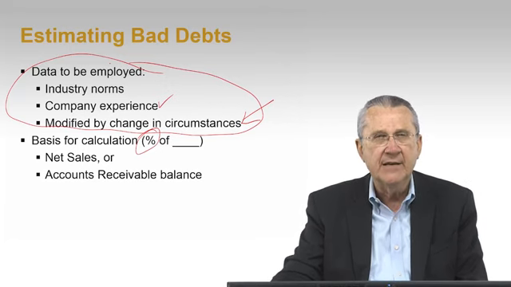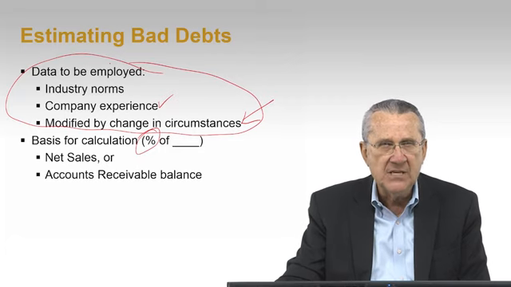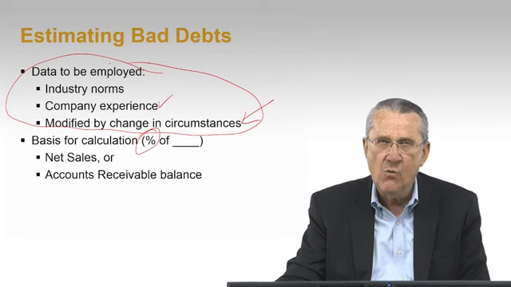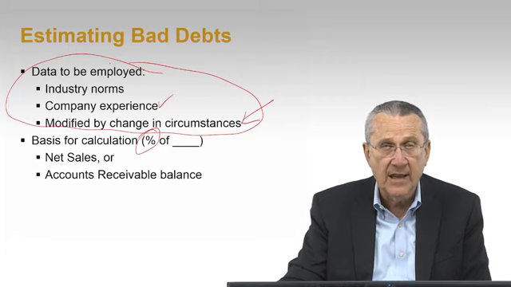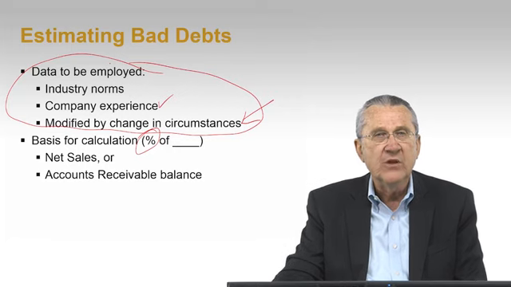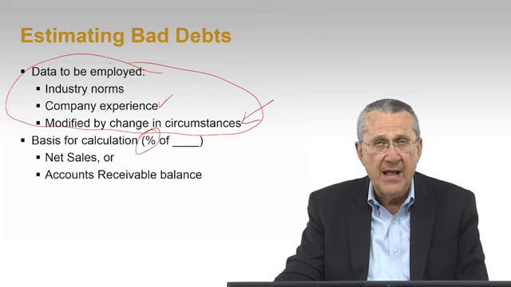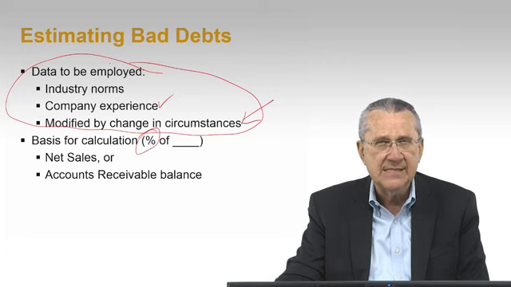We would use net sales if we thought that the income statement was the most important of the two financial statements and that we wanted to know what part of this year's sales were not collectible. If we think the balance sheet is more important, then we use the accounts receivable balance as the basis for our calculation, because we want to value accounts receivable as best we possibly can.